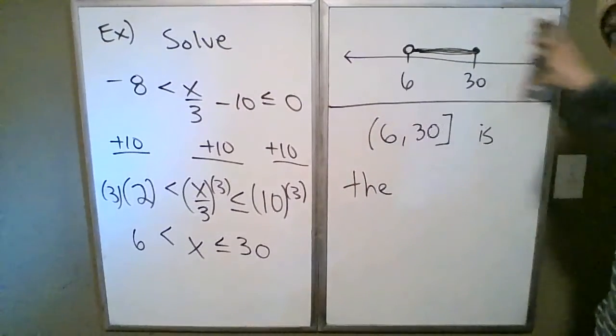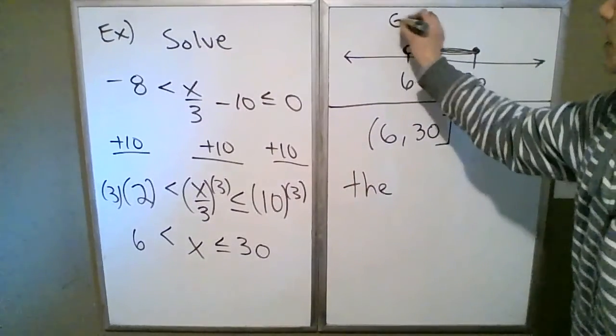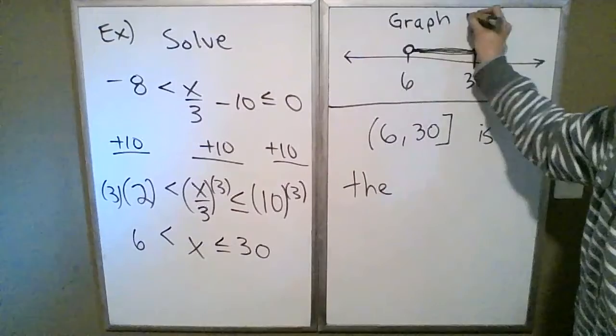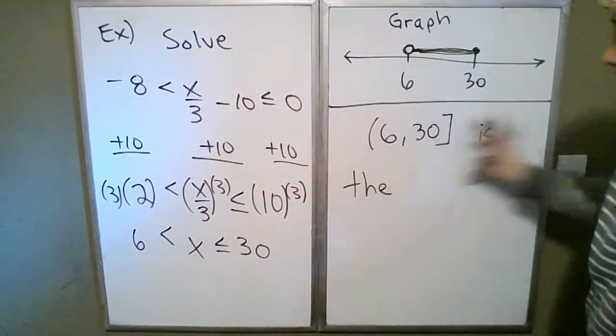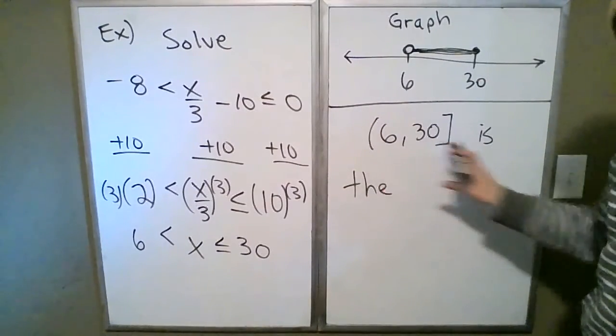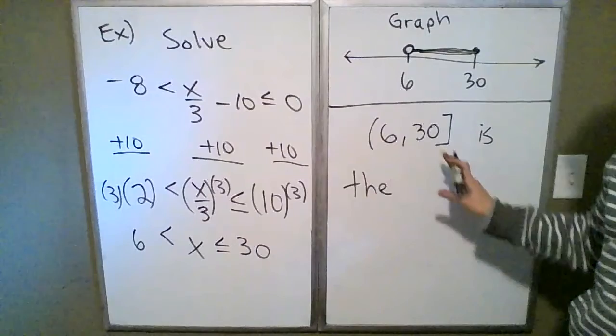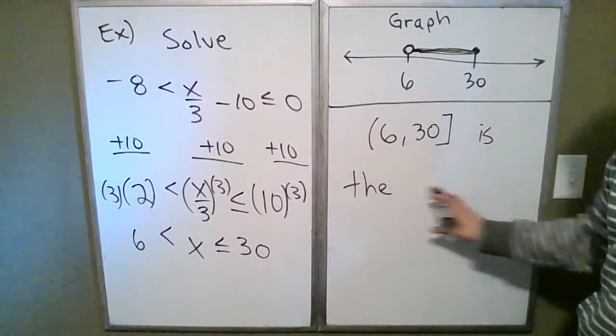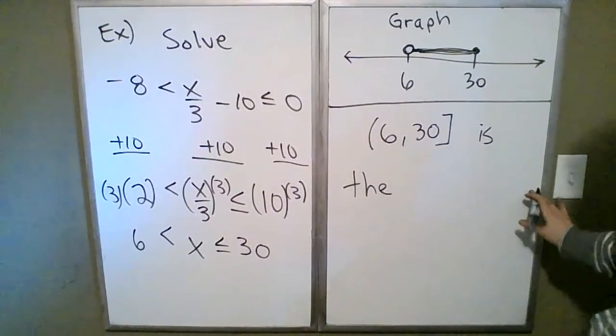Okay, so this part up here, this is the graph. And then this part below the line, from 6 over to 30, not including 6, we are including 30. That is the set of solutions, or the solution set.